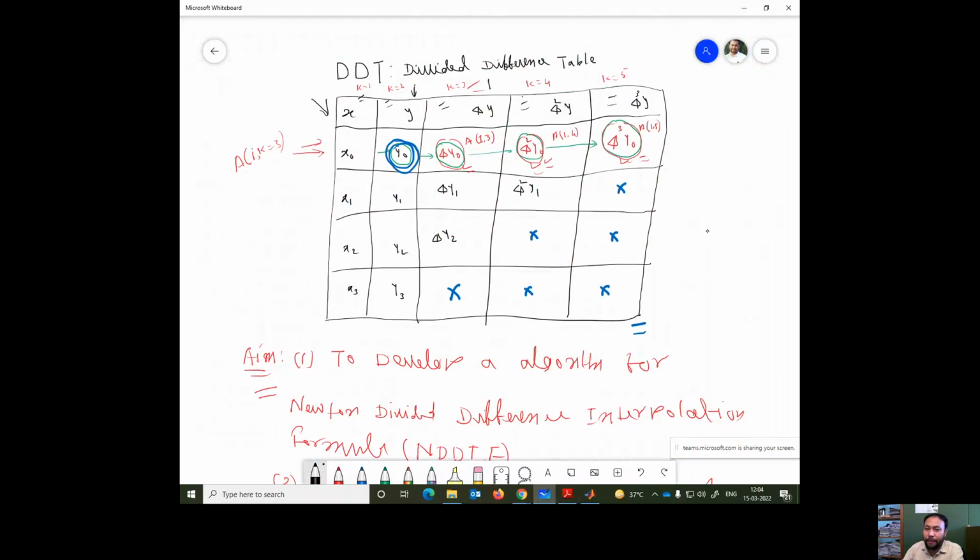In column number 3, if we look at my previous lecture session, you can see that the algorithm we developed for k equal to 3 is not exactly the same as the one we developed for k equal to 4. So the algorithms for k equal to 3 and k equal to 4 are different. From k equal to 4 onwards, we have developed an algorithm where we can get the divided difference table.